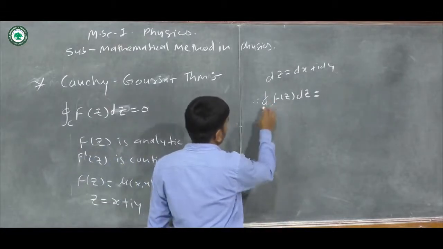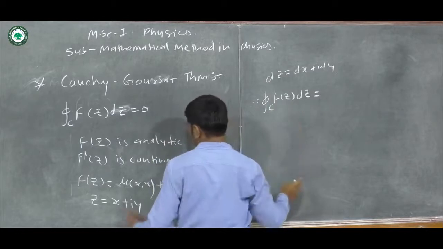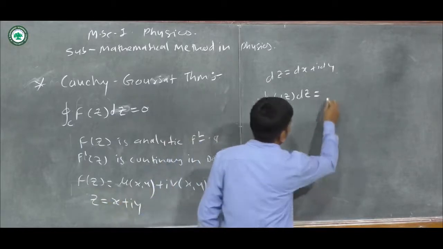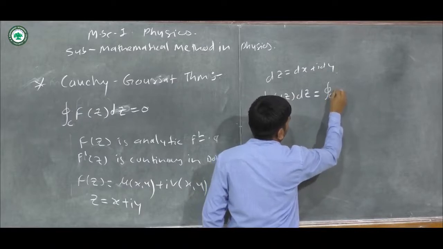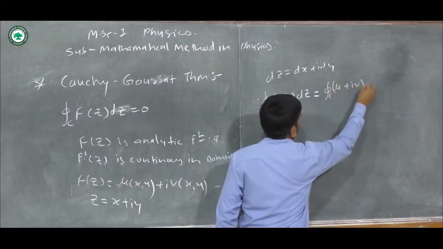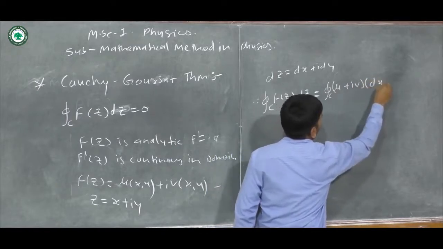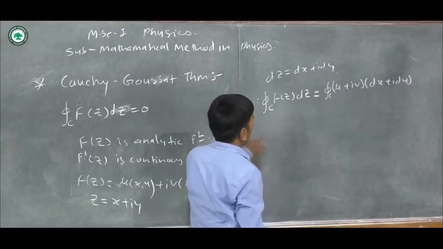So this closed integral over C of f(z) dz, we can write this expression as the closed integral over C of (u + iv)(dx + i dy).